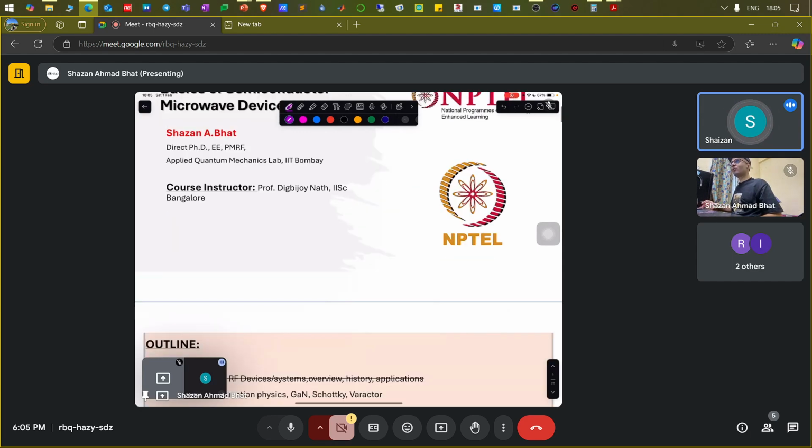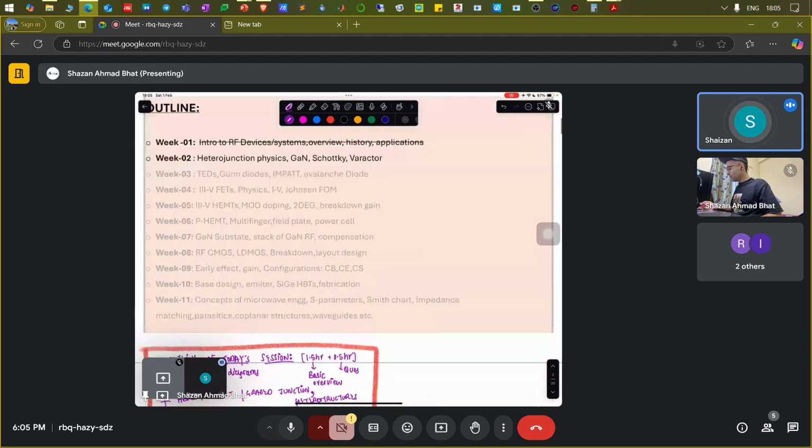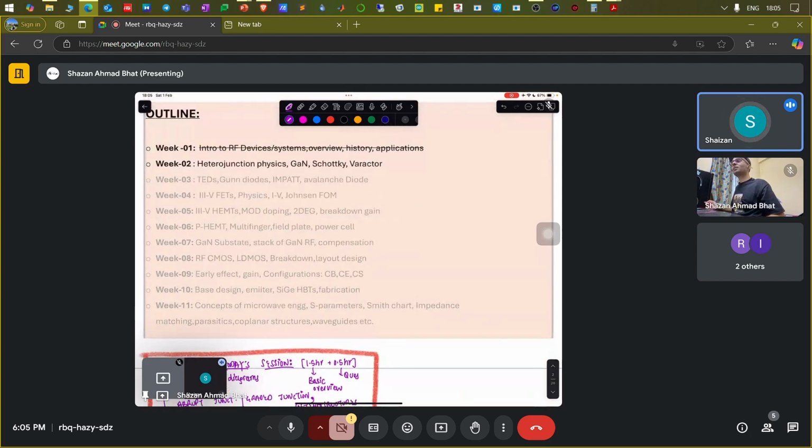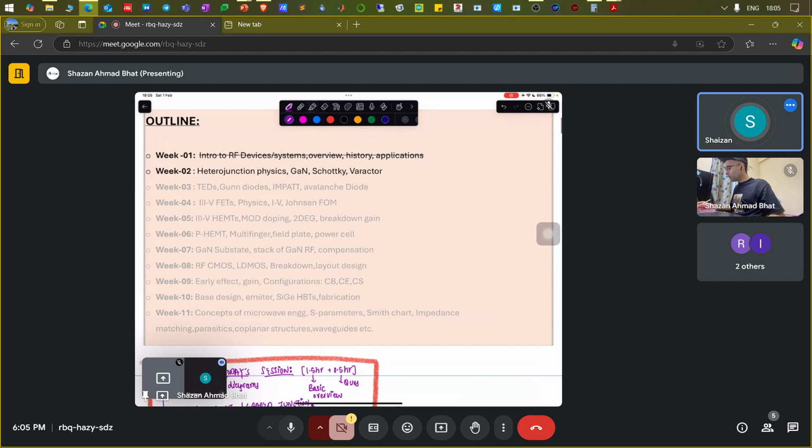What we are going to cover today is a little bit more involved session than the previous one, but the basics are always going to remain the same. In the previous session, we covered a brief introduction to all of the RF systems, as well as the applications and the historical overview of RF, including the microwave frequency devices.